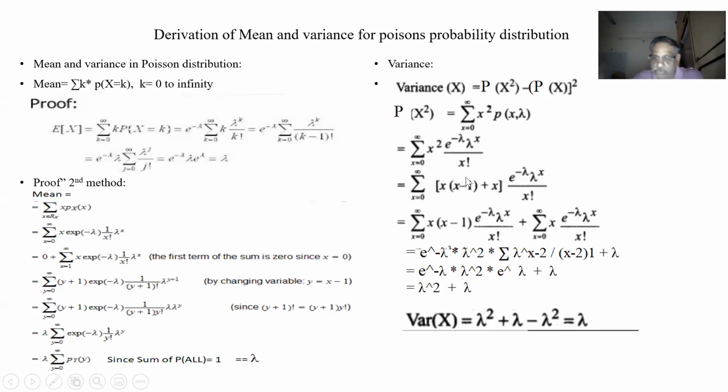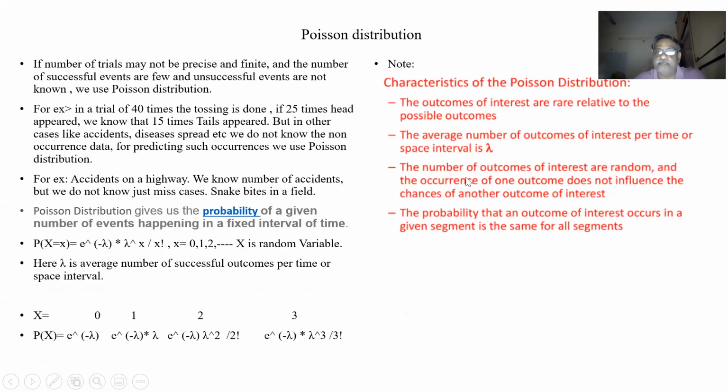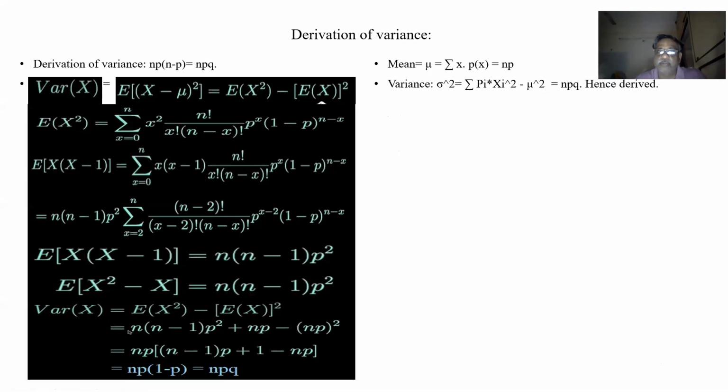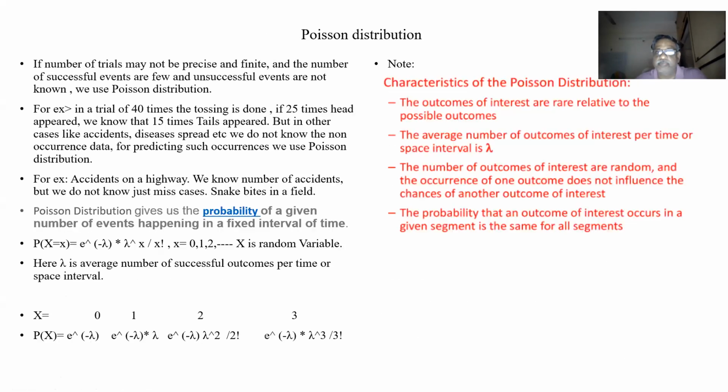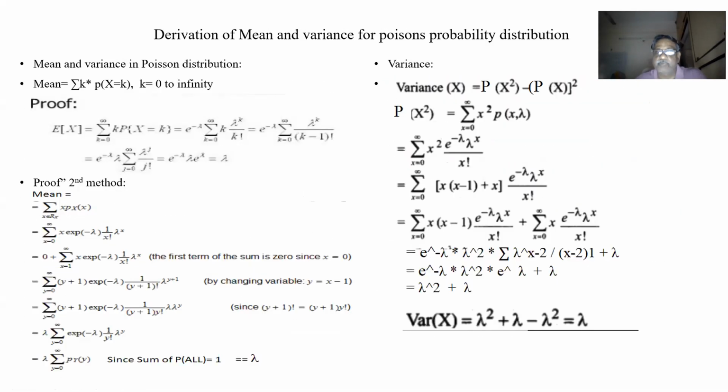Same way we are using here. Here also, say x into x minus 1. Instead of plus x here, this x is taken out separately; you can use plus x here itself also.